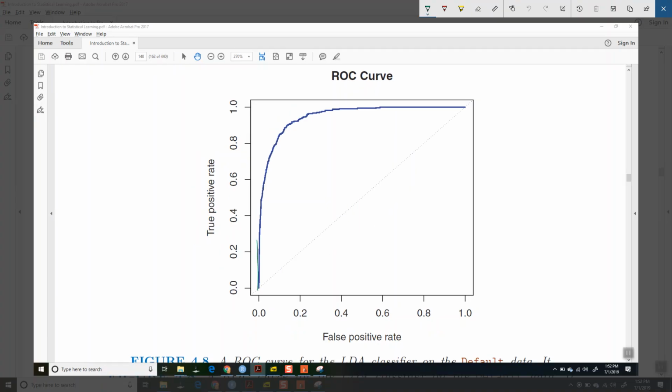A perfect classifier goes up to this corner and goes flat. That's perfect. Basically, the closer you get this part into the corner, the better the plot is.